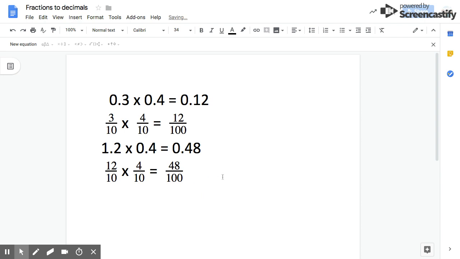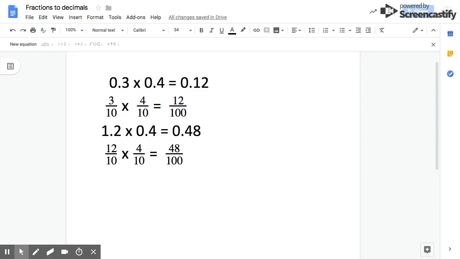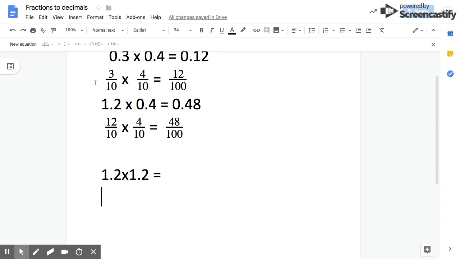But what do I do if now I'm multiplying two numbers that are greater than 1? So for example, let's use 1.2. But we'll use 1.2 times 1.2, right? That's a math fact, 12 times 12. We know that's 144. But where's the place value?